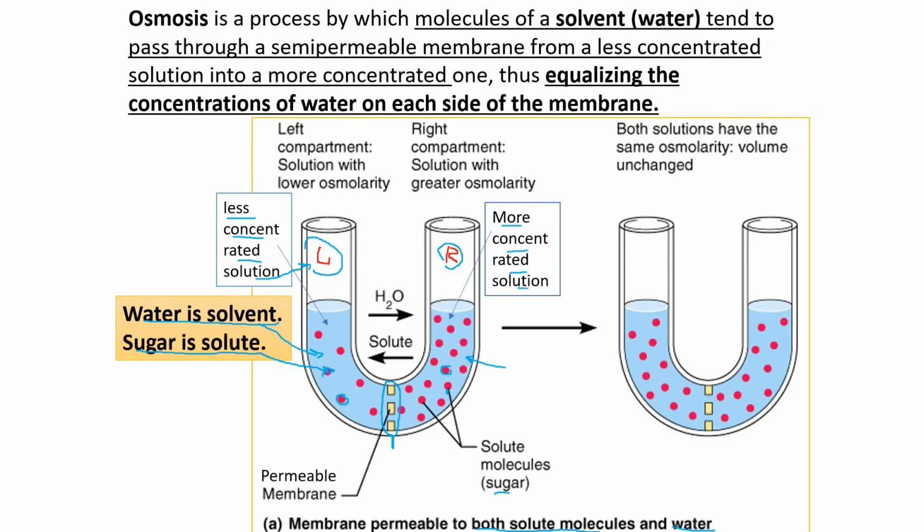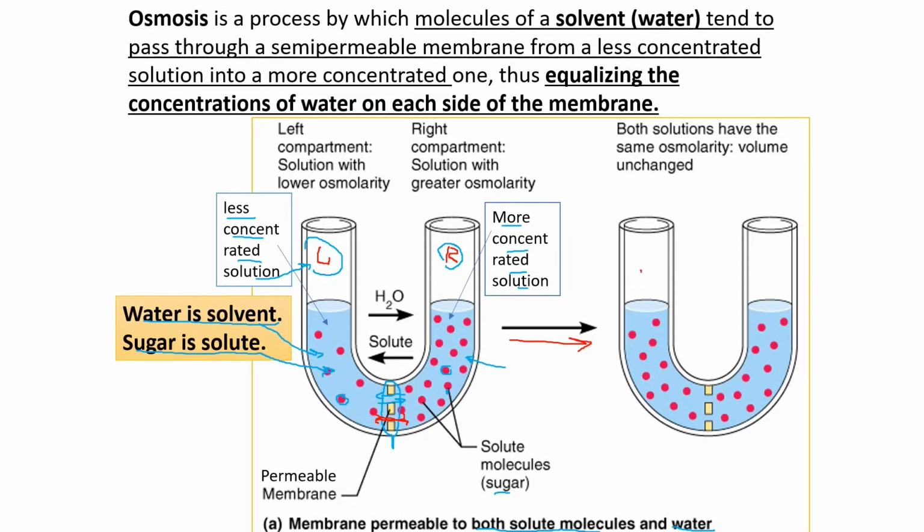Because our membrane is permeable, water can move back and forth, and our sugar molecules can move in both directions.